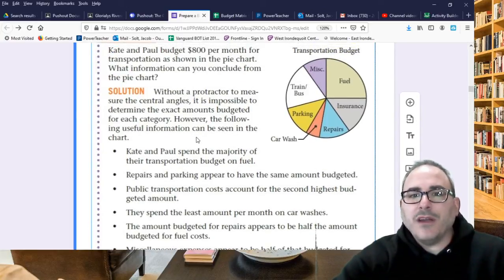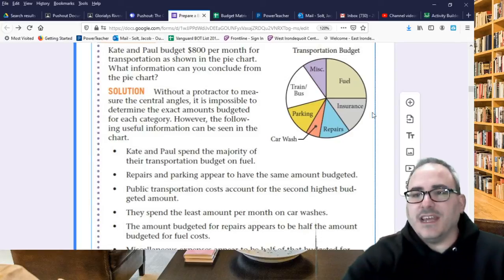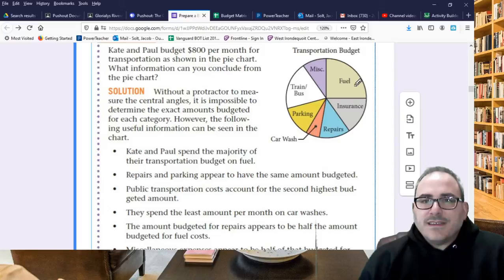Oh, repairs and parking. Repairs and parking are the same. All right, let's get my pen marks back. So if this is 90 and this is 45, then parking has got to be 45. All right.